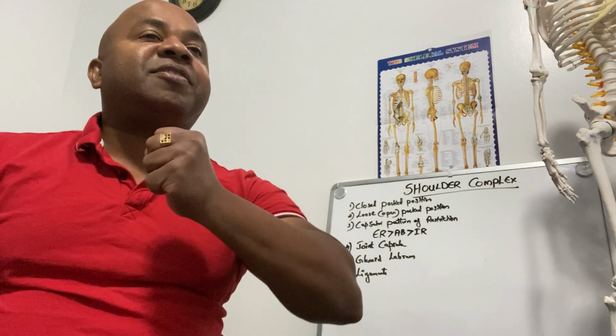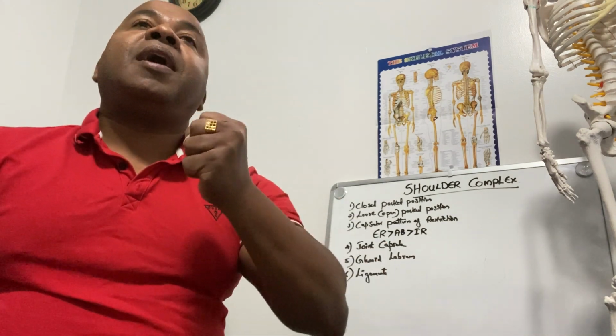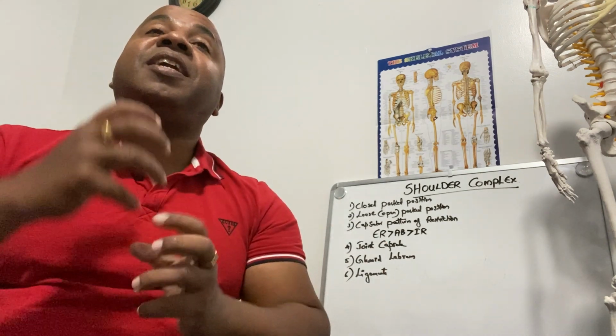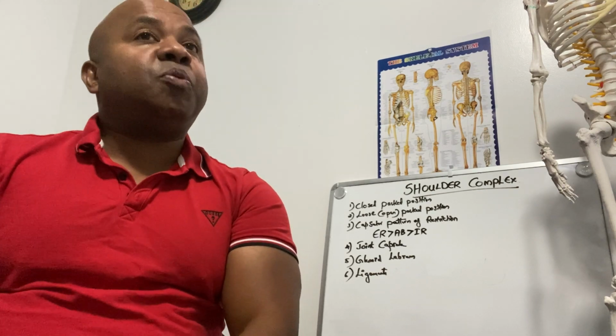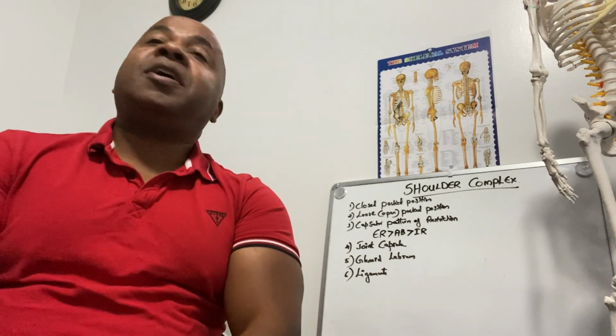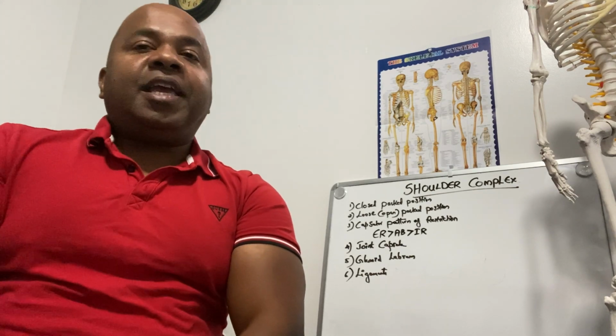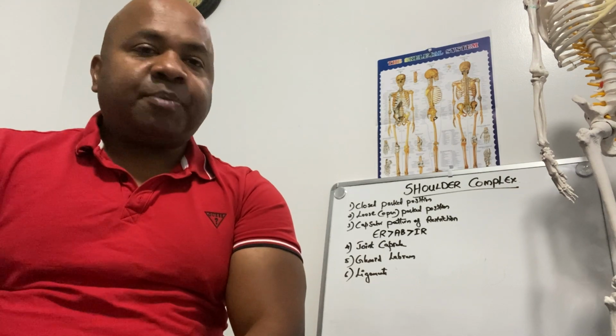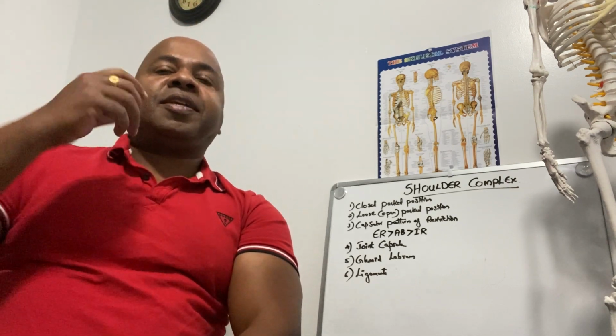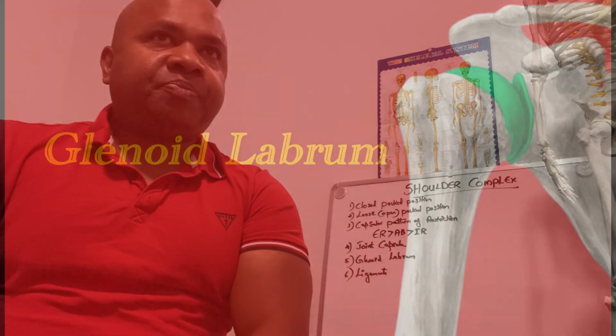This results in abduction and external rotation restriction at the shoulder joint in the capsular pattern, which you can see in frozen shoulder or adhesive capsulitis. So I hope you understand the joint capsule.